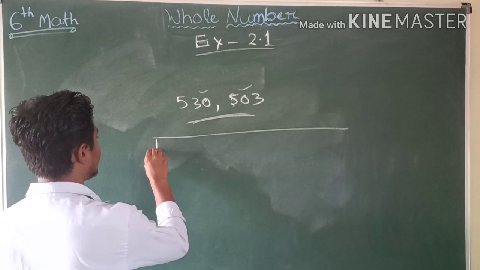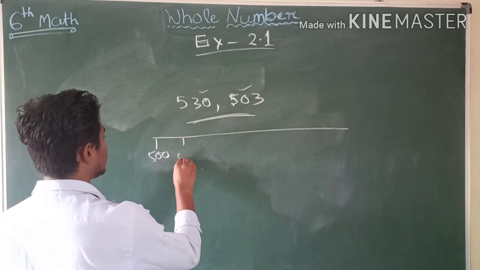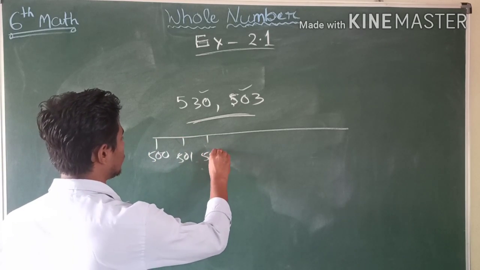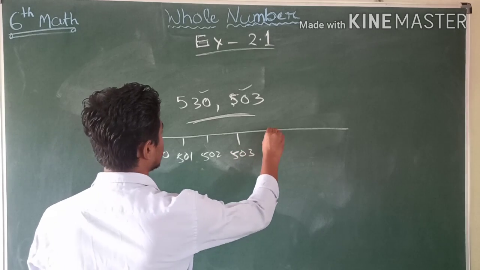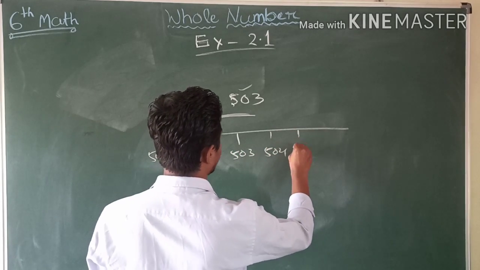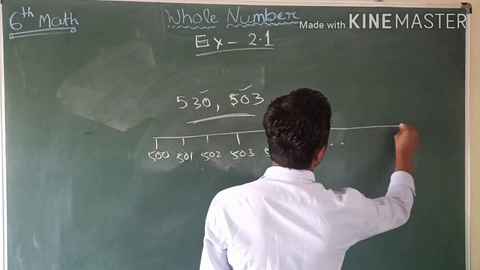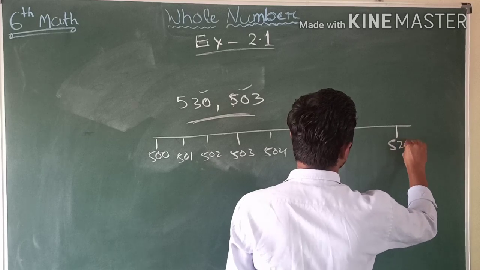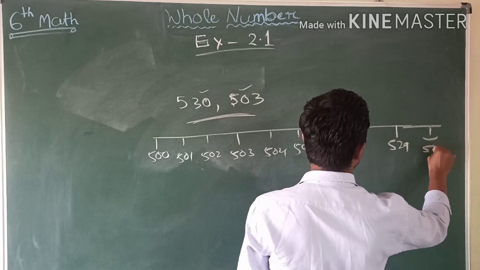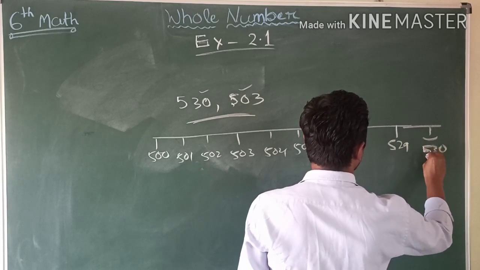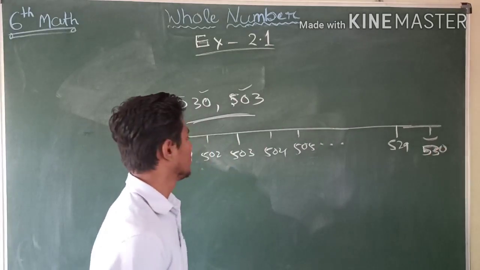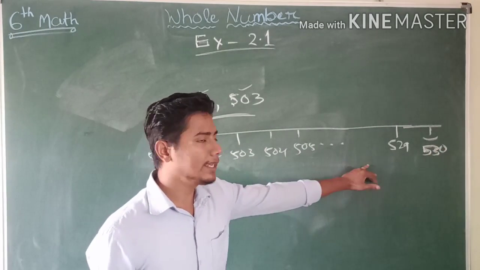If I start from 500, then 501, then 502, then 503, then 504, then 505, like this you go. Then you get 529, then 530. Like this you get, because it is in increasing order.